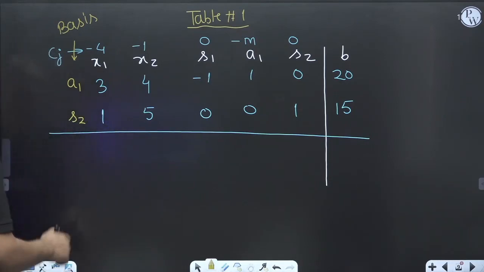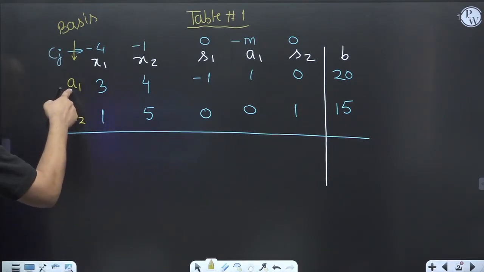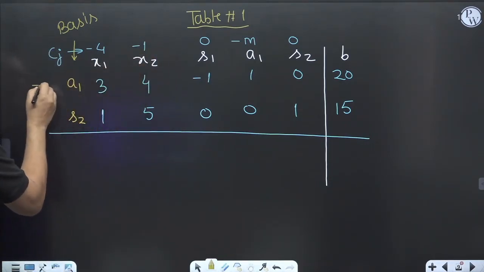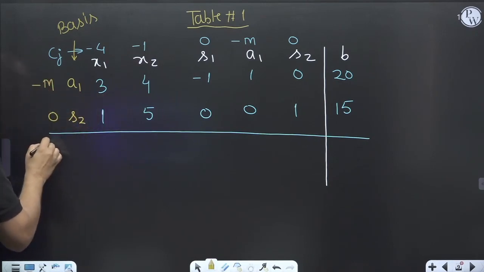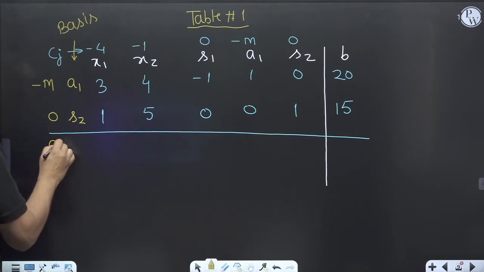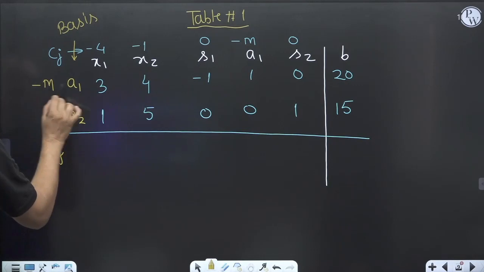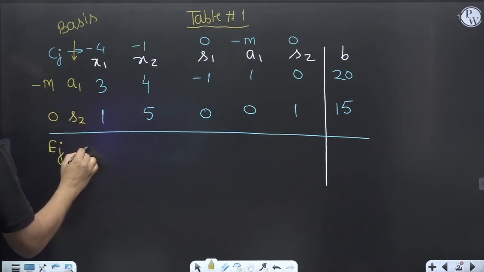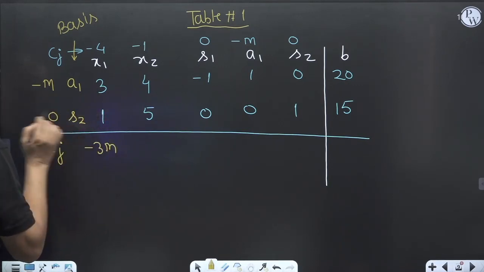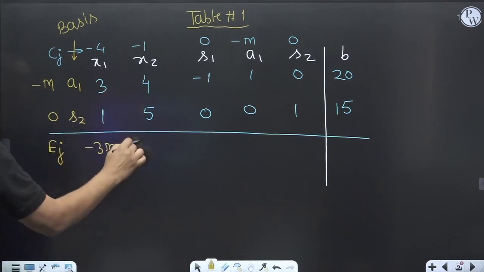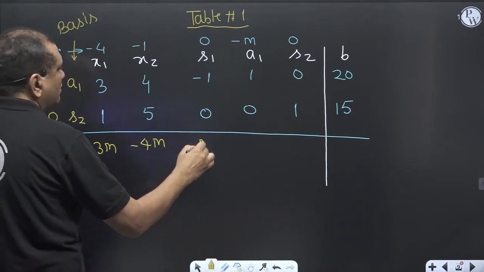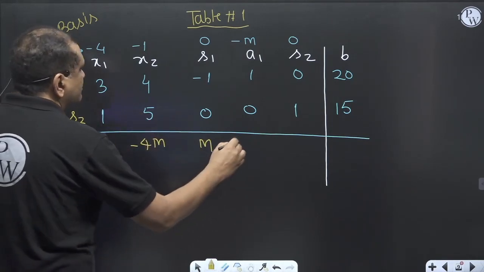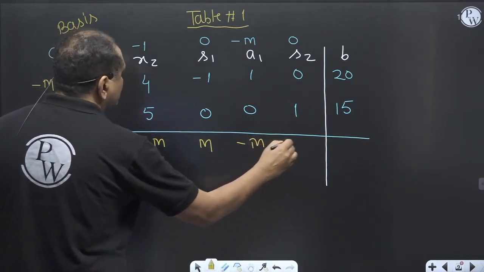Now, the coefficient of the artificial variable in the objective function is -M and S2 is 0. Calculate Zj. Zj is the same thing, this into this plus this into this, right here. So -3M, -4M, M, -M, 0.